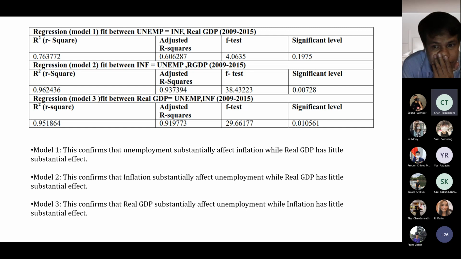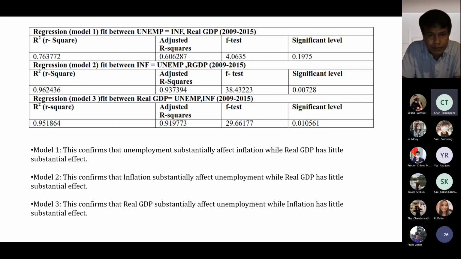The F-test is higher than 0.007, so this rejects the hypothesis that there is no relationship between inflation and unemployment. This confirms that inflation substantially affects unemployment, while real GDP has a substantial effect.